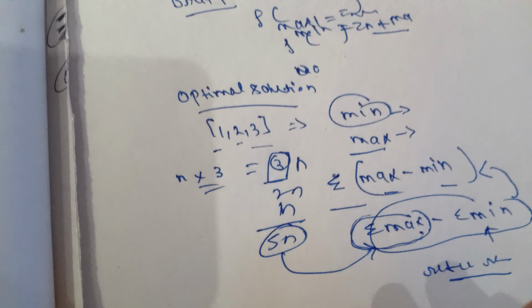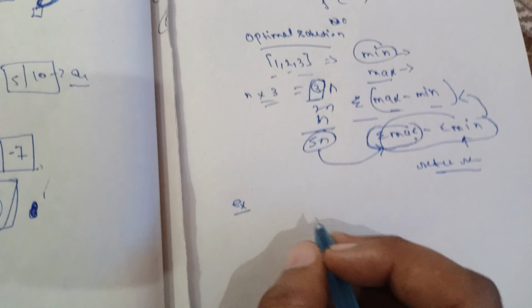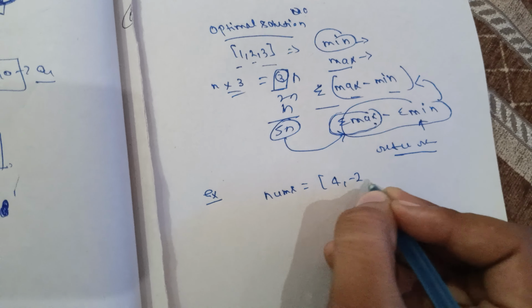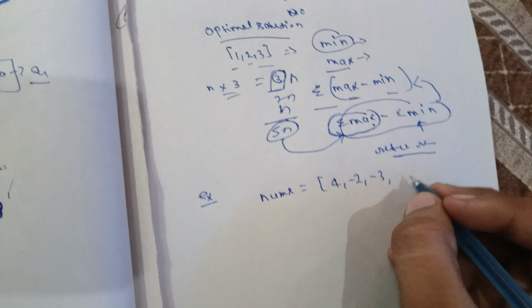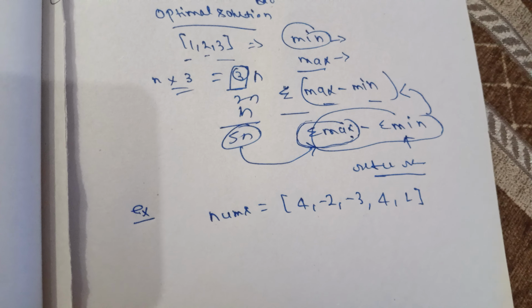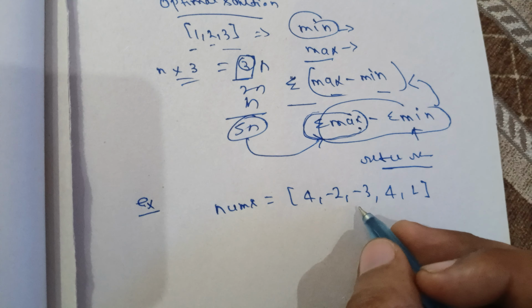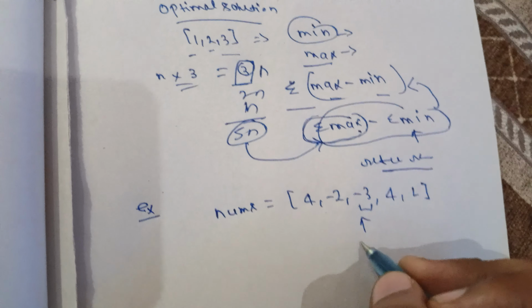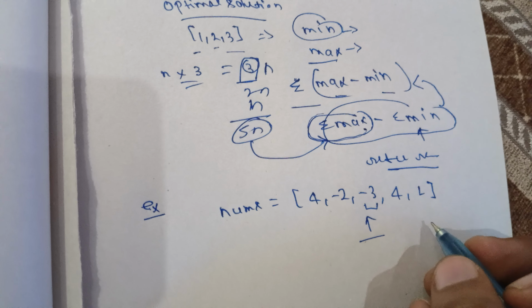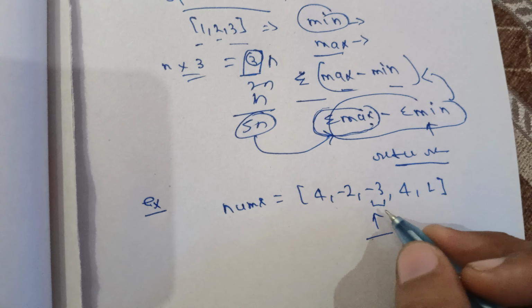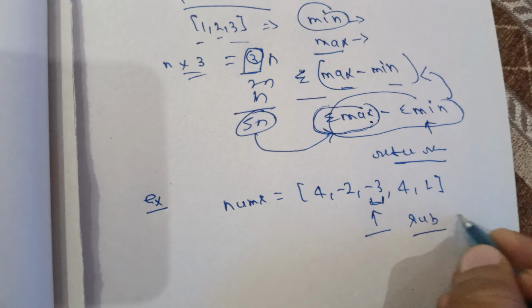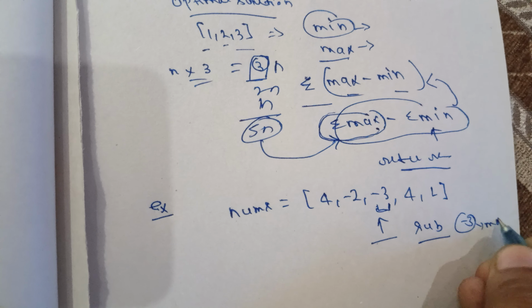So how can we find this? Let's take another example. Nums is equal to 4, -2, -3, 4, 1. Let's take that here -3 is our element, and we have to check how many subarrays we can form where -3 is the maximum.